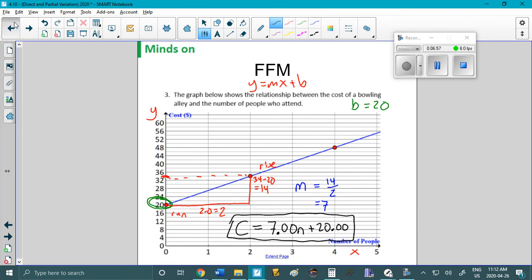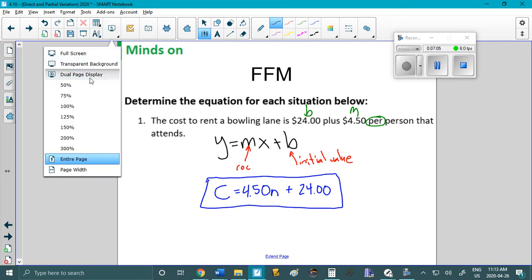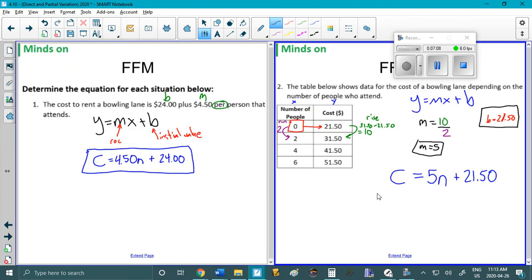So let's look at all 3 of them at once. At this place, it costs $24 to get in, plus $4.50 per person. At the next place, it costs $21.50 to get in, so it's cheaper to get in, but it's a little more expensive per person. So $2.50 less to get in, and then per person it's 50 cents more.